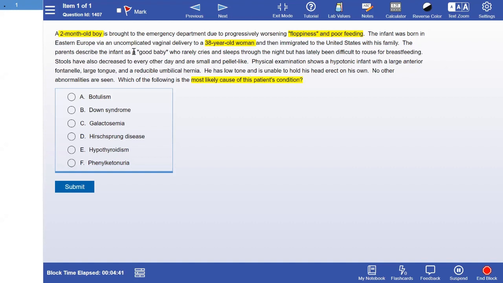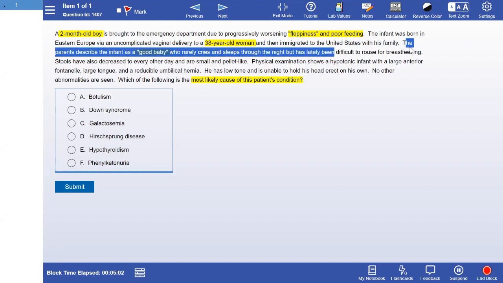Okay, so the history is that the baby is a good baby. The baby does not have any developmental disorder or any developmental milestone disorders. The baby rarely cries and sleeps. Okay, so the baby is not irritable, and is sleeping normally, but has lately been difficult to rouse for breastfeeding.